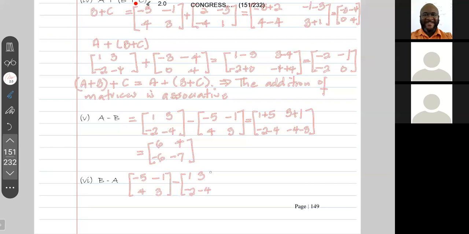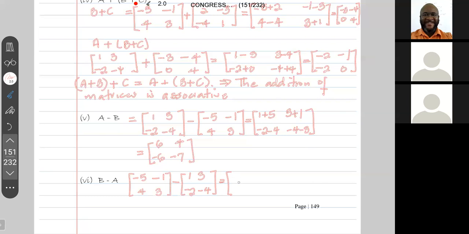All right, so remember, matrices of the same order may be added or subtracted by adding or subtracting corresponding elements. You're going to subtract the elements which are in the same position.